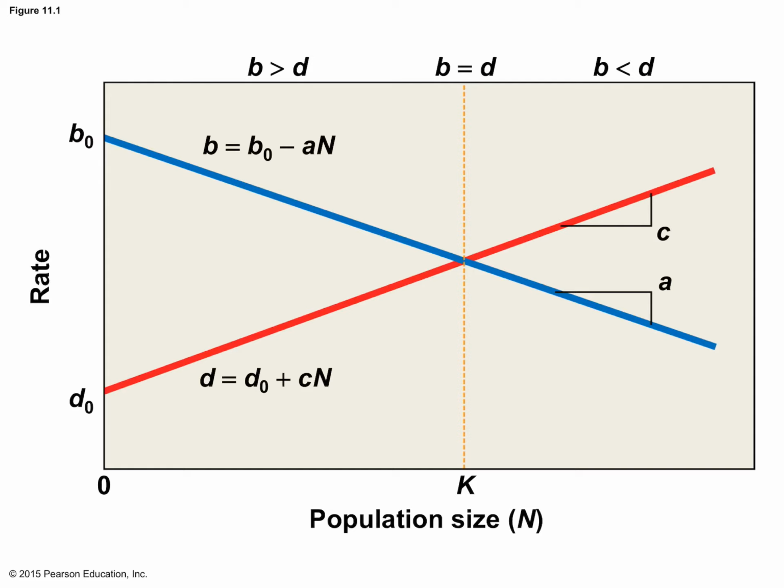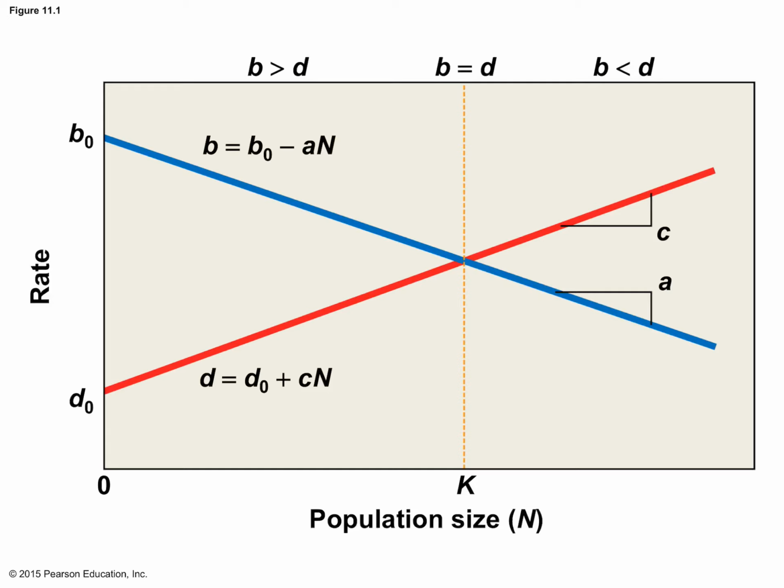The values B sub 0 and D sub 0 represent the ideal birth and death rates under conditions where the population size is near zero, so very small, and resources are not limiting as a result. Over here on the right, the values of a and c represent the slopes of the lines describing changes in birth rates and death rates as a function of population size.